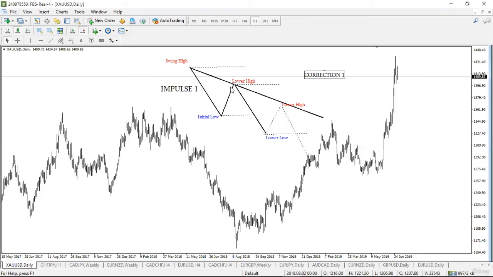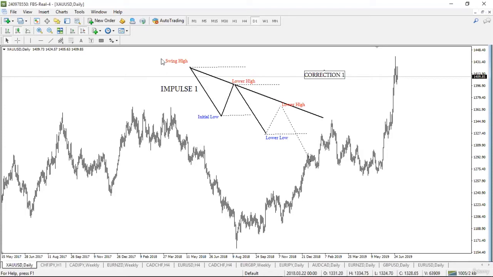If you trade in the direction of the trend, obviously you will not be trading these corrections. You trade these ones, but we're not talking about which direction to trade in this video. We're just defining the trend. So this is a downtrend because you have lower lows and lower highs.